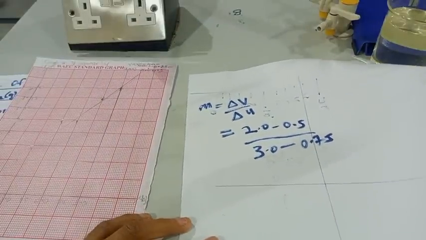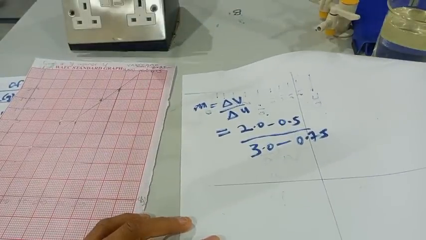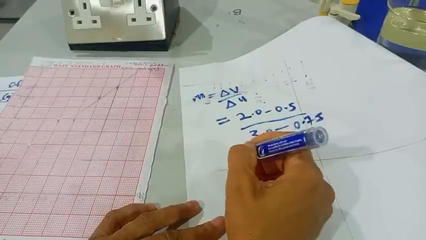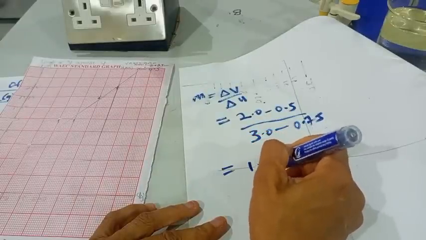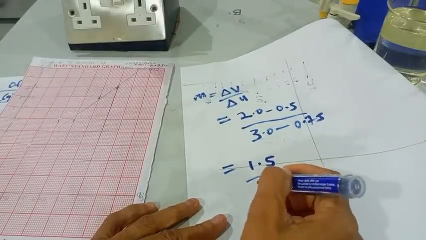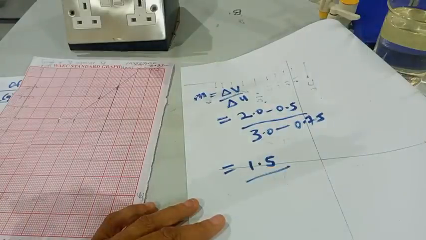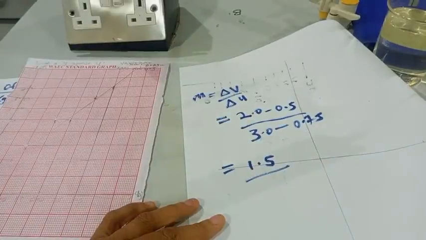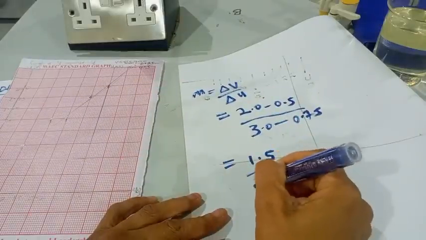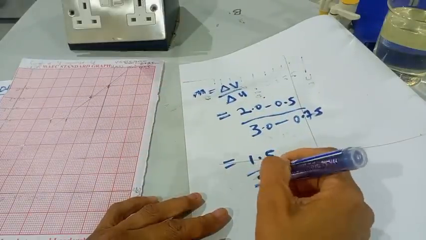So we can go ahead and calculate our slope. 2 minus 0.5 will give us 1.5 over 3 minus 0.75. This place will have 2.25.